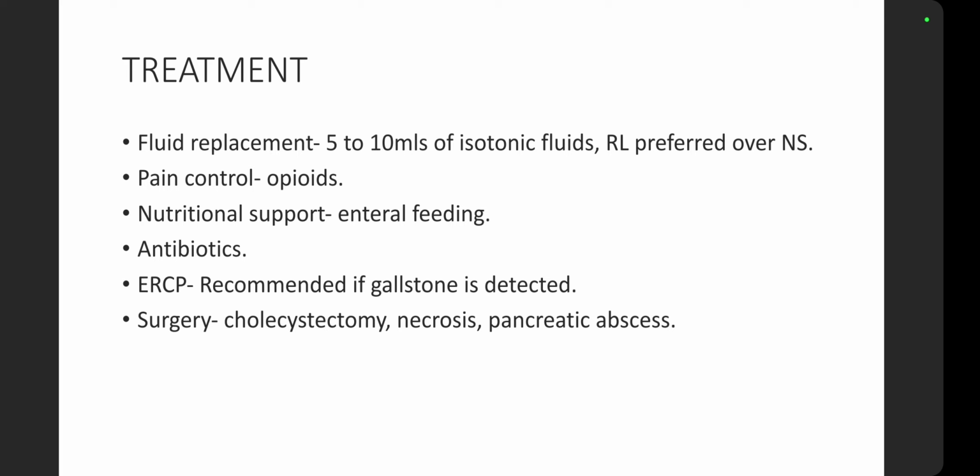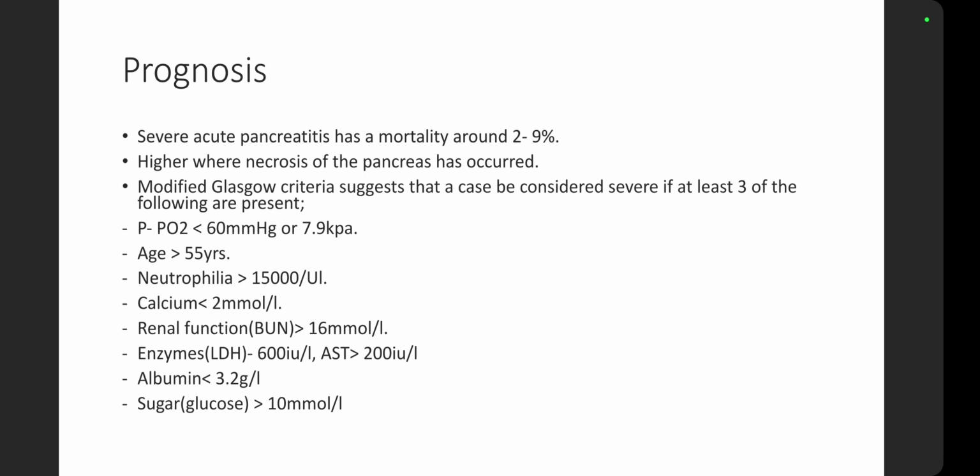So give them antibiotics to eliminate certain infections. You do ERCP if it is recommended, if the gallstone is detected, and also you do the surgery of cholecystectomy. Also you do surgery if there is pancreatic abscess, necrosis, and so on and so forth.